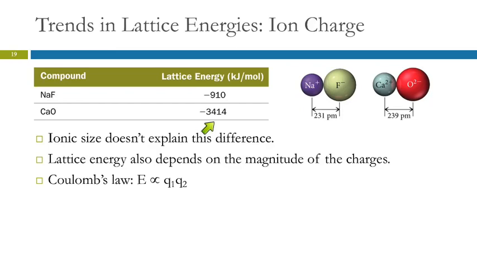Calcium oxide, minus 3,414, sodium fluoride, minus 910. It has to do with the magnitude of the charges. Here we've got +1, -1. Here we've got +2, -2. So just looking at Coulomb's law and other things being similar, we'd predict that this is 4 times larger, and it's pretty close. Questions?